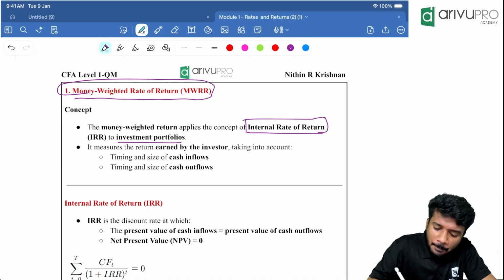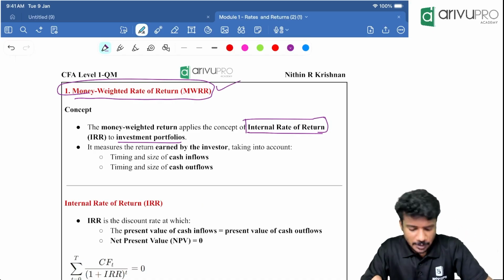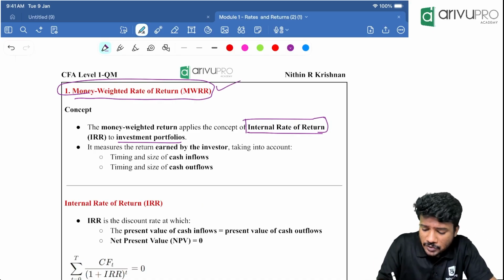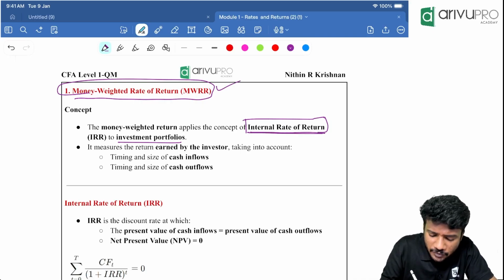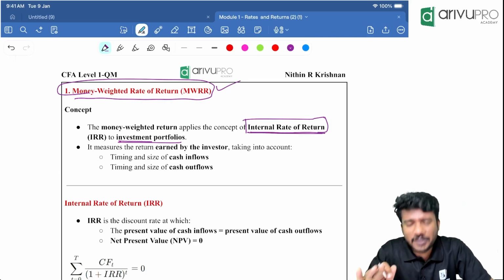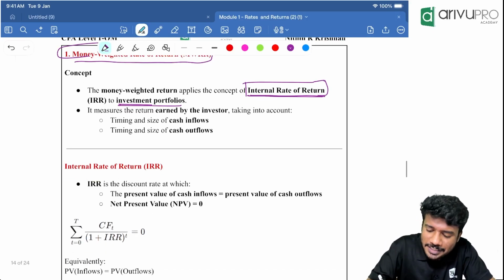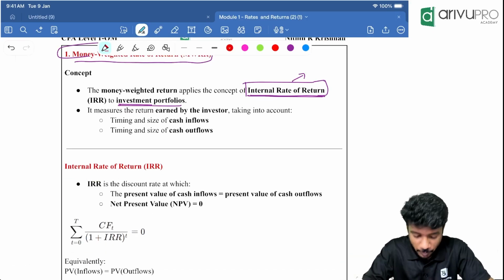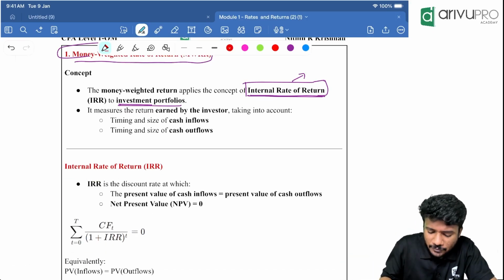So what happens in money weighted rate of return? We assign internal rate of return to investment portfolios. First of all, we need to know what internal rate of return is.